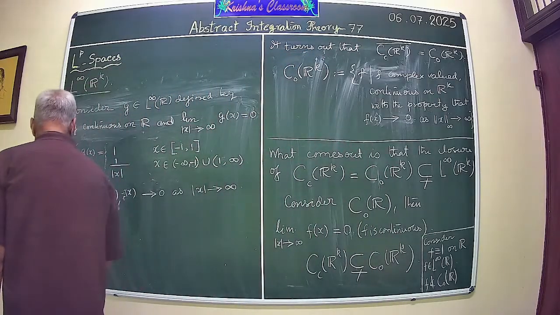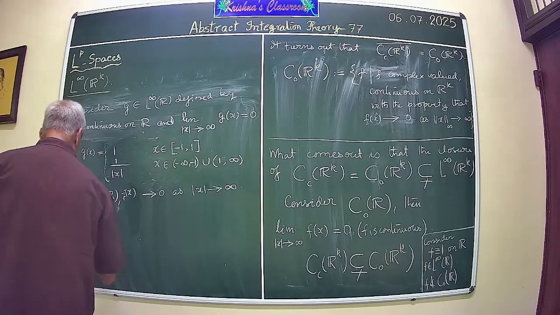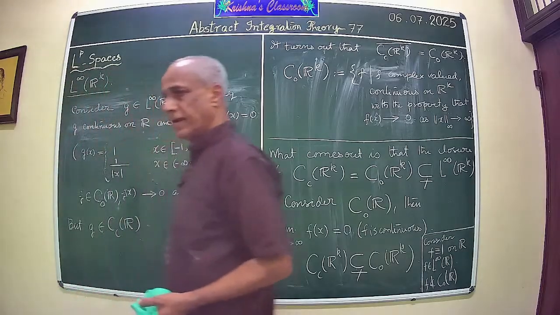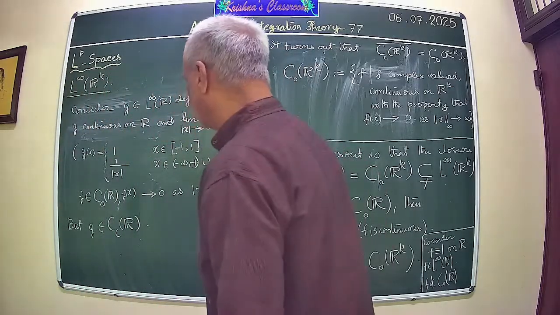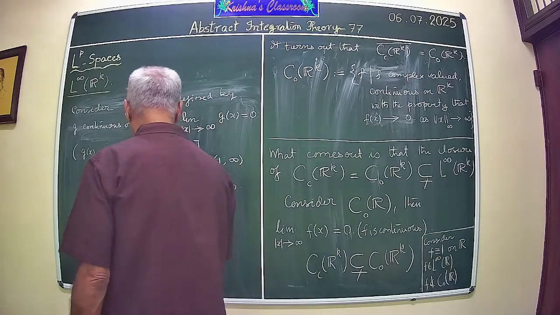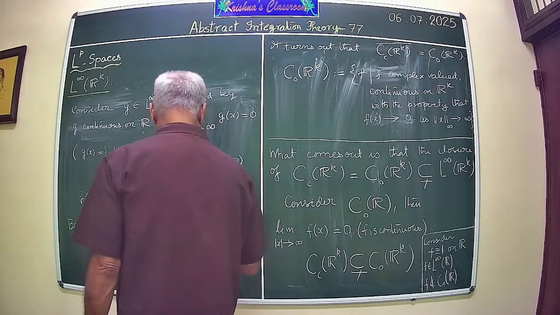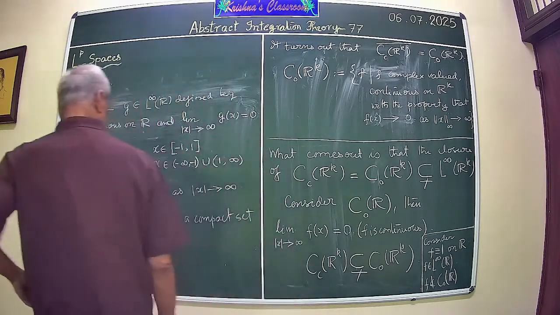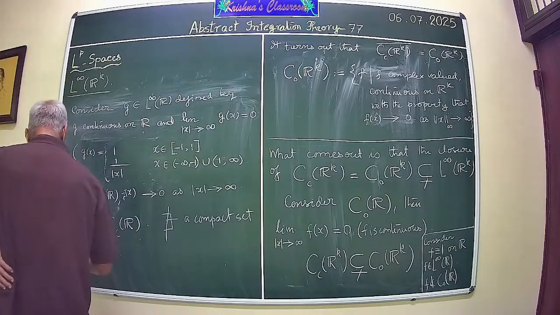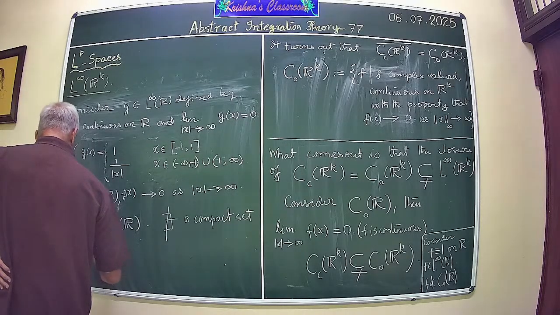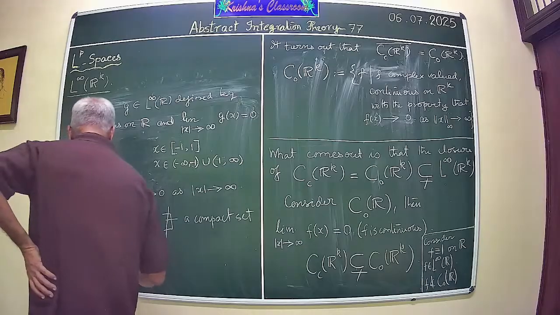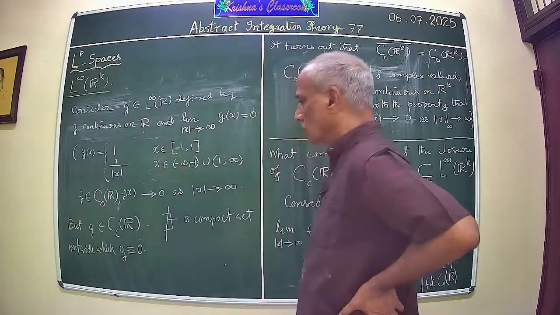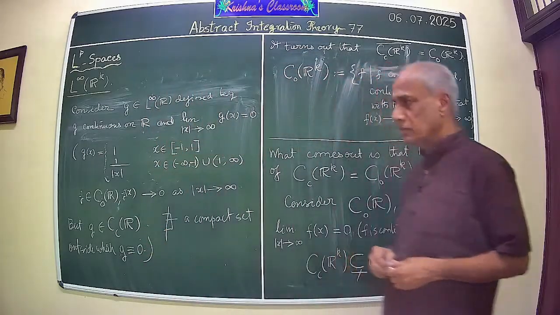But you cannot find a compact subset outside which it vanishes, so there does not exist a compact set. So that's the example. Okay. So they are different.